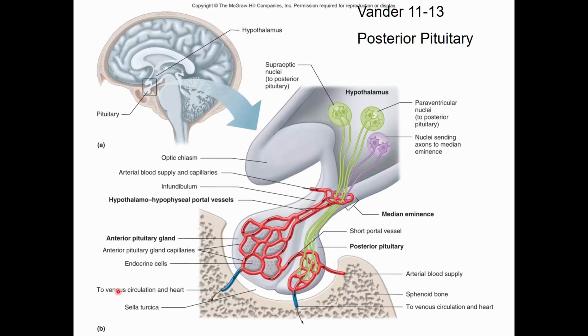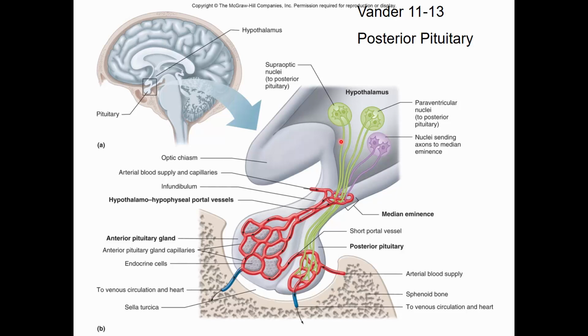So here's a picture of that. Here's a picture of your brain. We're looking at this little part. This is the hypothalamus. There's a little stalk that leads us to the pituitary. If we blow this up, here we have some green neurons, some neurons in a nucleus, and some other neurons.